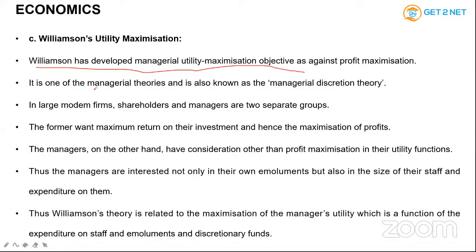This is one of the managerial theories and it is also known as managerial discretion theory. Utility theory we otherwise call managerial discretion theory. Now let's see what they are trying to say.